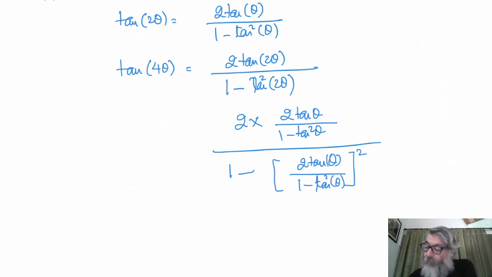Let us simplify it. Sorry, something went wrong. The numerator is 4 tan theta upon 1 minus tan square theta.